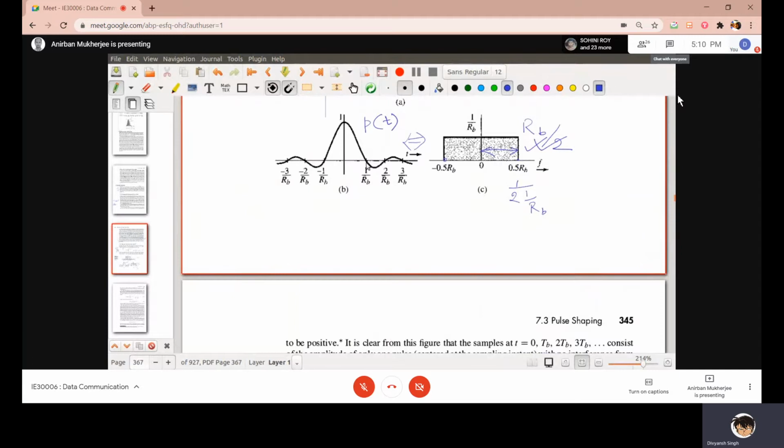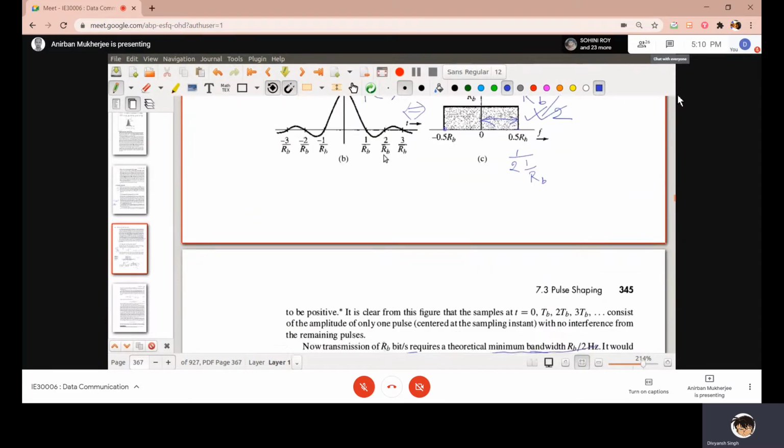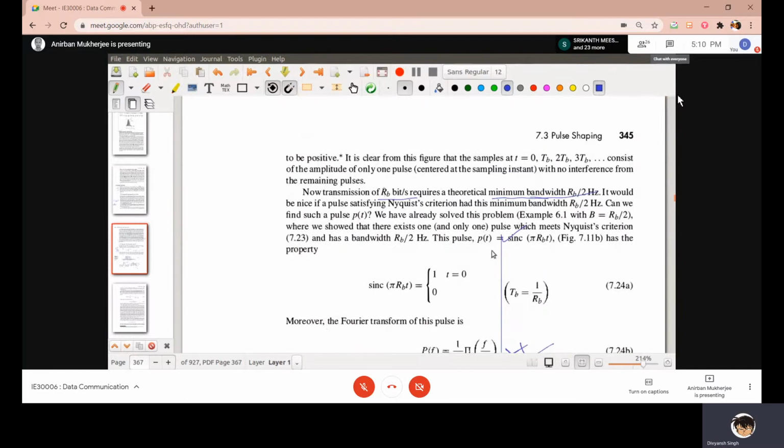Then p(t) equal to sinc of pi RB t is the only pulse. At t equal to 0, it is 1, and when t equals 1 by RB, 2 by RB, 3 by RB, all other terms, it is 0.